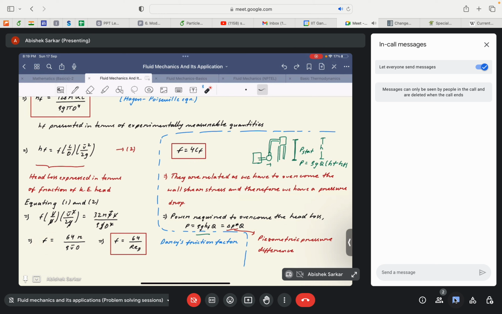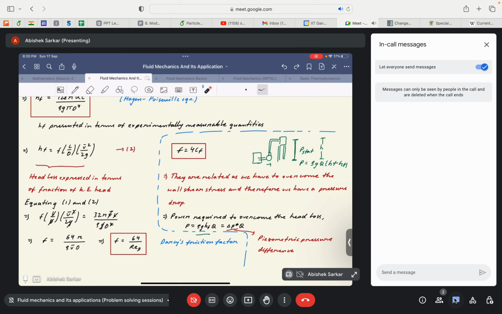Obviously, if we let only the pressure gradient sustain our pipe flow, then it's very difficult, because the frictional losses in the pipe flow are so large. As the length of the pipe increases, it's very difficult to sustain the same flow rate.